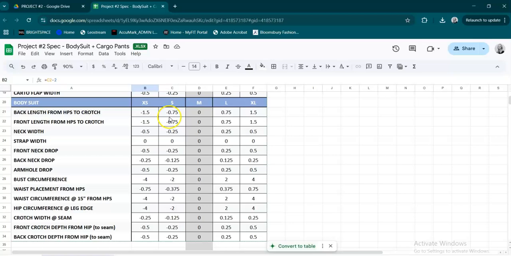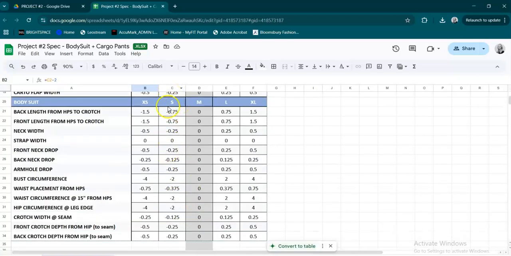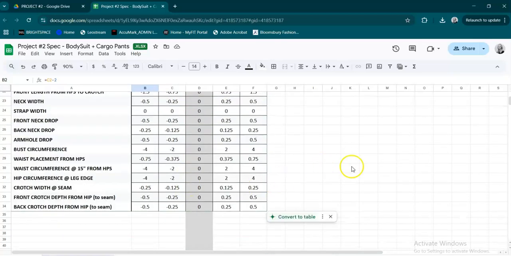I have body lengths grading 3/4. I have a neck drop of 1/4, back neck drop of 1/8, armhole drop of 1/4, waist placement 3/8, and crotch depth 1/4. So I'm going to take this 3/4 first and figure out how much goes above my waist and how much goes below my waist.